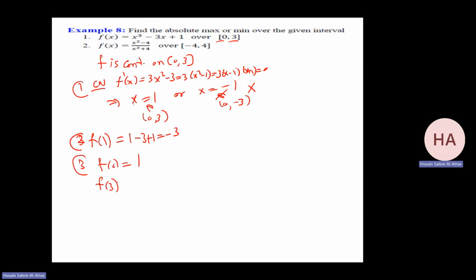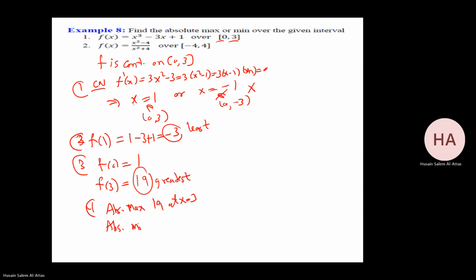F at 3 will be 27, 28 minus 9, that will be 19. So this is the greatest and this is the least. So, conclusion: absolute max 19 at x equals 3. Absolute min minus 3 at x equal 1.